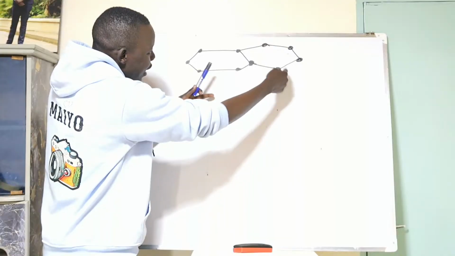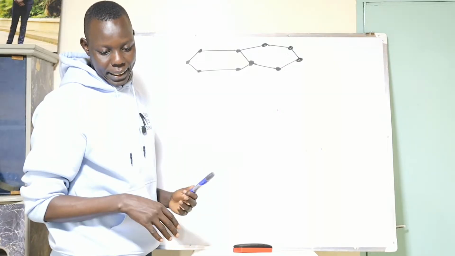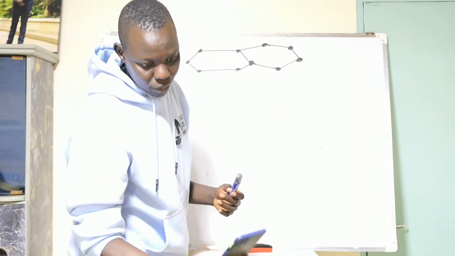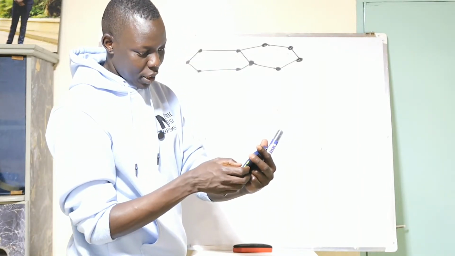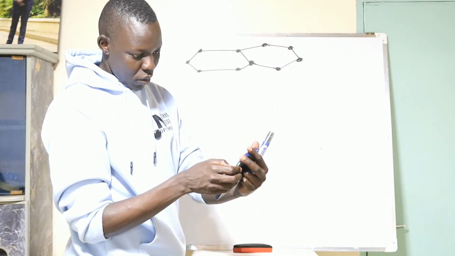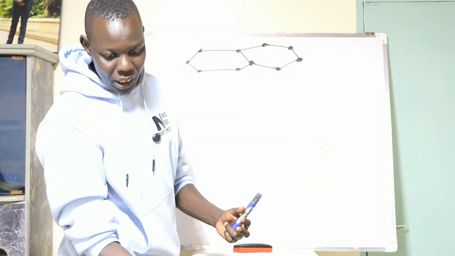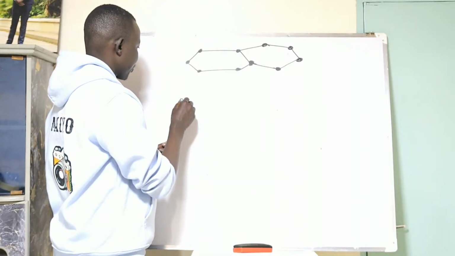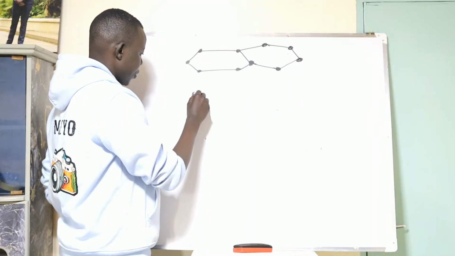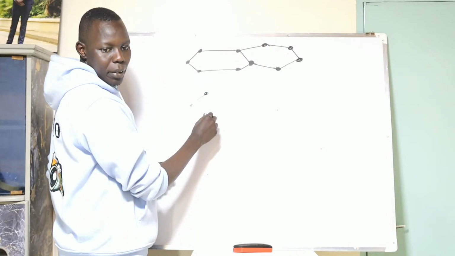Then in between these layers, we have what we call weak van der Waals forces, which slide over each other when pressed. Can you see the board? Hey, why is it rotating now? Is it the network again? Can you see my board, Lavender? Let me draw.